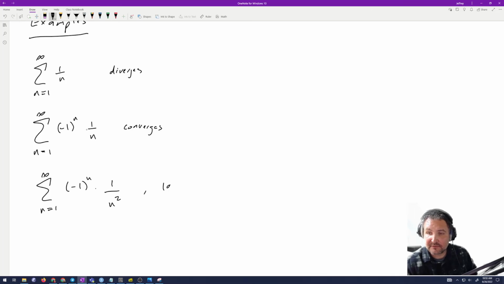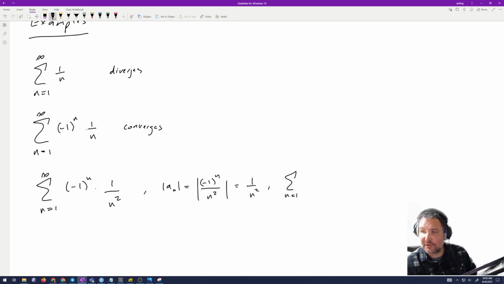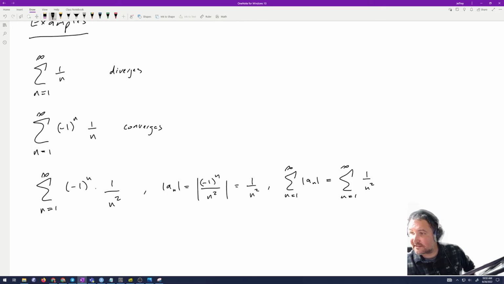If we were to look at the absolute value of a_n here, that's going to be the absolute value of (-1)^n all over n squared, which is just 1 over n squared. But then the sum from 1 to infinity of the absolute value of a_n is just the sum from 1 to infinity of 1 over n squared, and that's a convergent p-series. This converges.